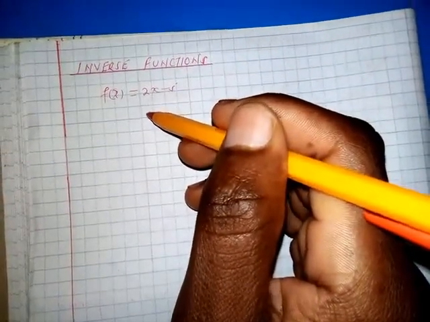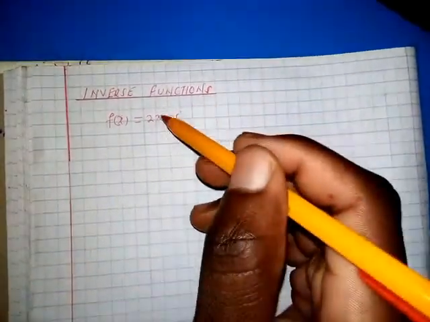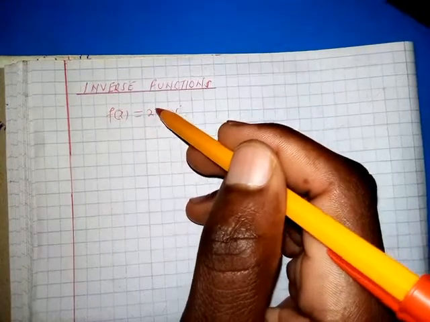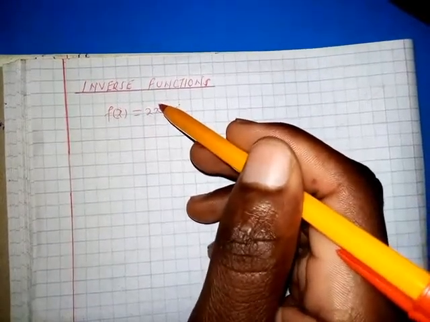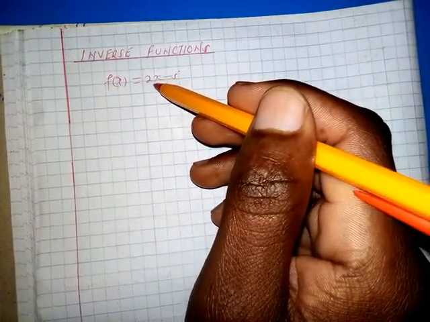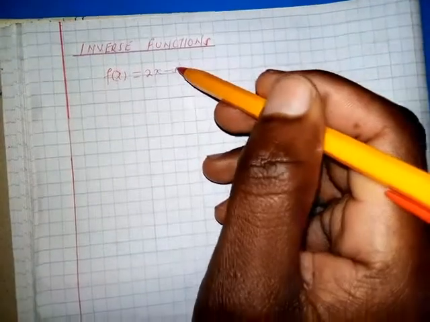First, the value of x will get multiplied by 2. For example, if we plug in 1, it will be multiplied by 2. If we plug in 5, it will be multiplied by 2, and then we will subtract 5.